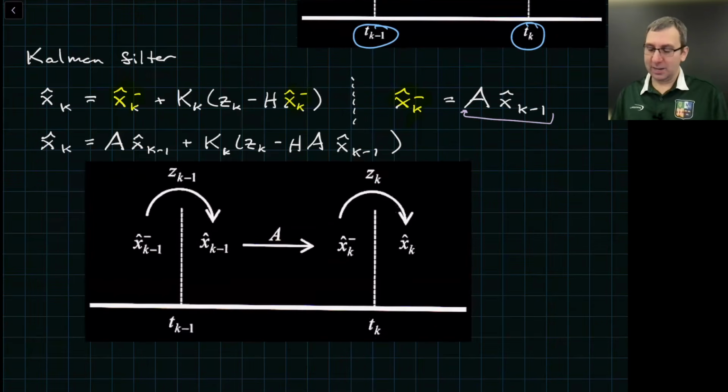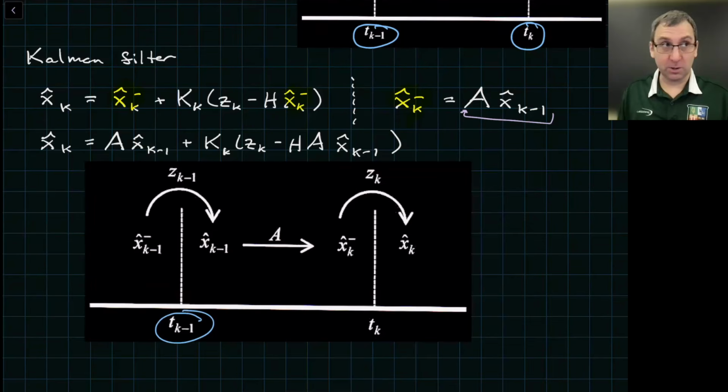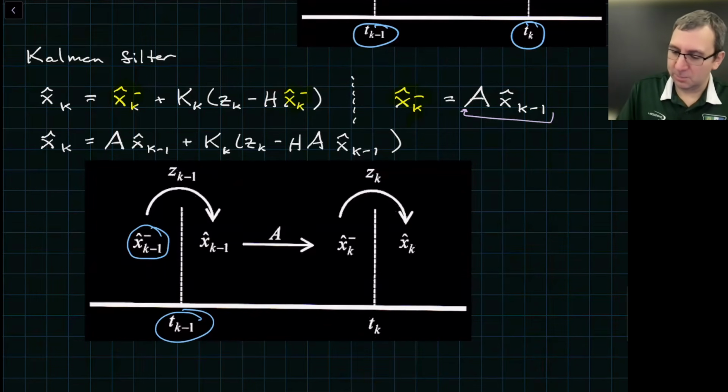So this is trying to diagrammatically show the Kalman filter. What's going on here? Well, at this time step, t_{k-1}, we've taken the previous prediction, and then there's a measurement.